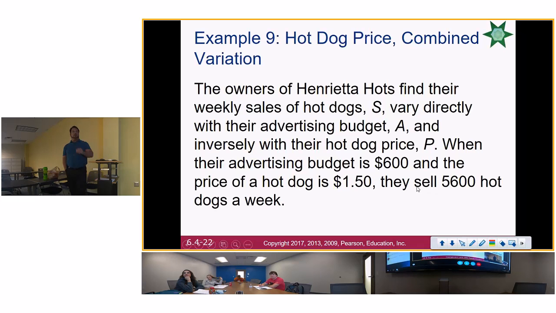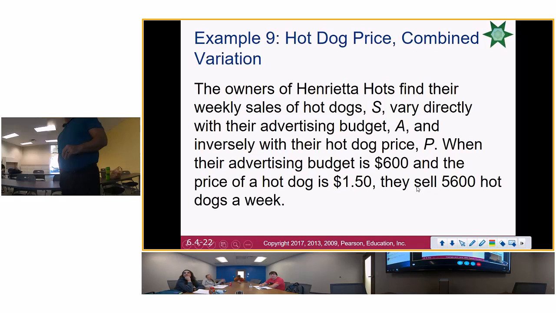All right. The owners of Henrietta Hots find their weekly sales of hot dogs, S, varies directly with their advertising budget, A, and inversely with their hot dog price, P. Okay? So now they're using direct and inverse. Not using joint, using direct.